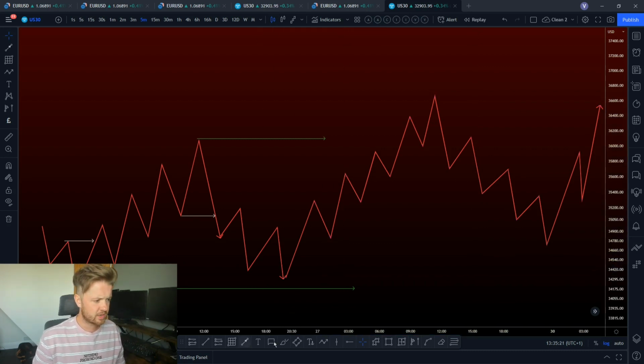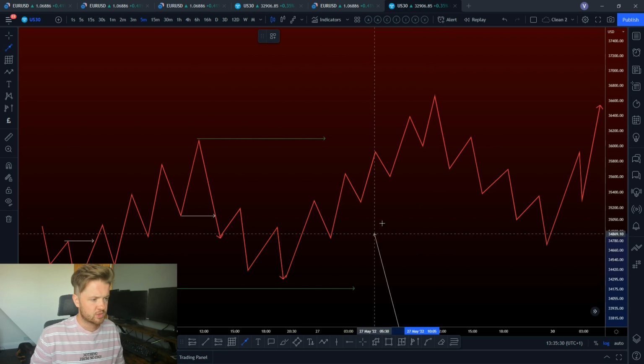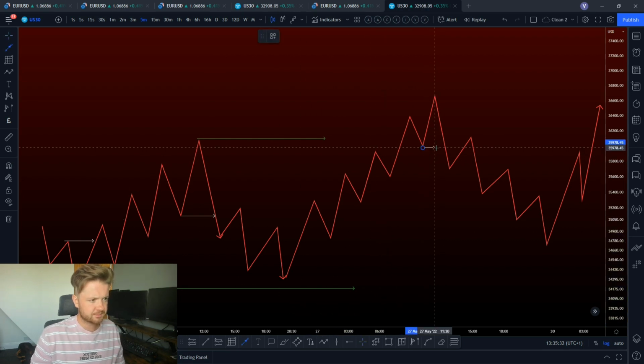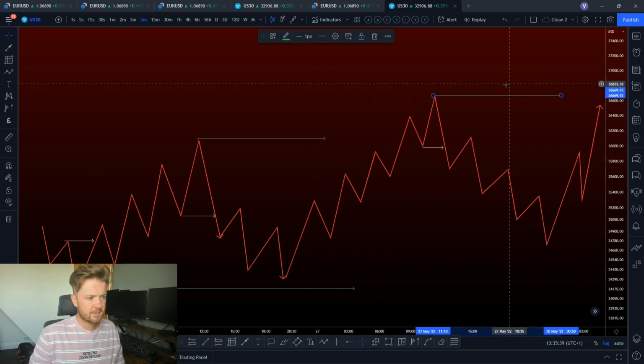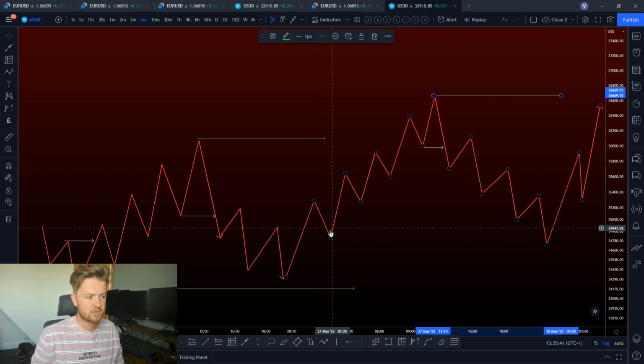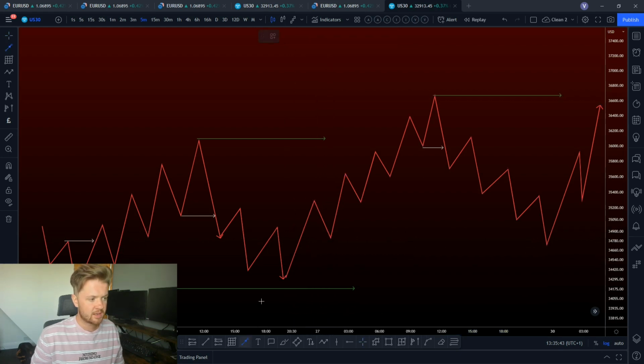So once this swing high is broken, and then you get a break of structure to the downside, this becomes the new swing high, and you can actually follow price backwards, find the last break of structure, and this will be the swing low.